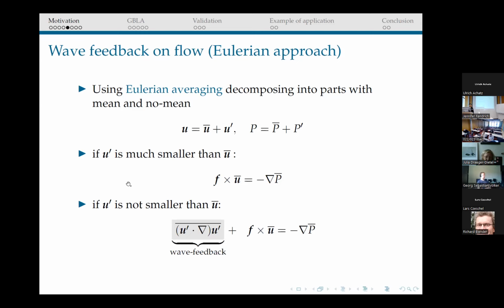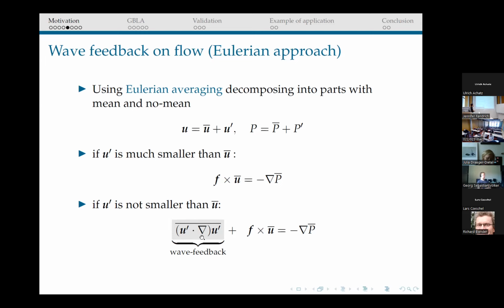In case u prime is not much smaller than u bar, then this term remains in the equation, which is the mean of the quadratic wave components, or the primes. So it doesn't go away, and if we want to have even just this slow dynamics, we need to include this wave feedback.